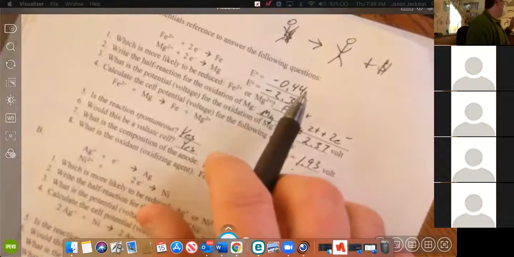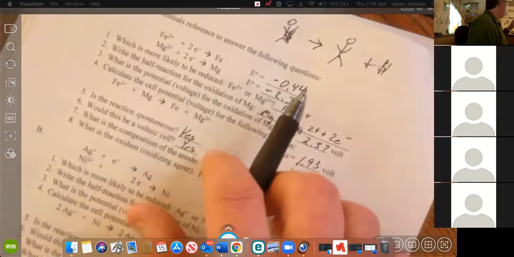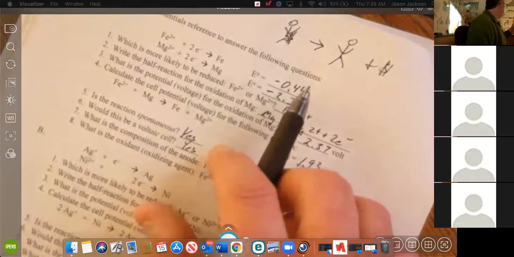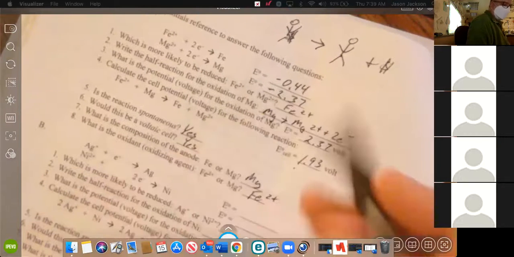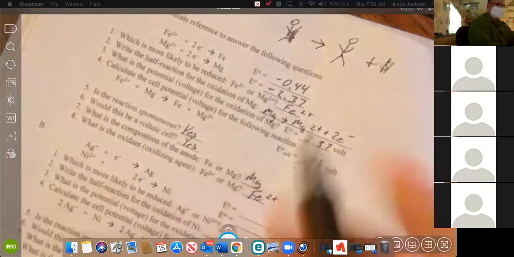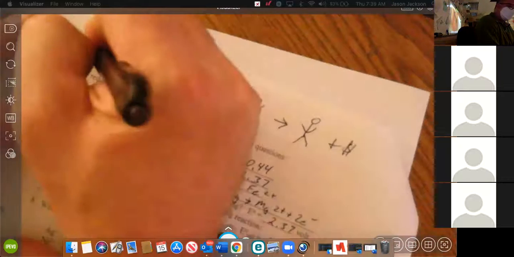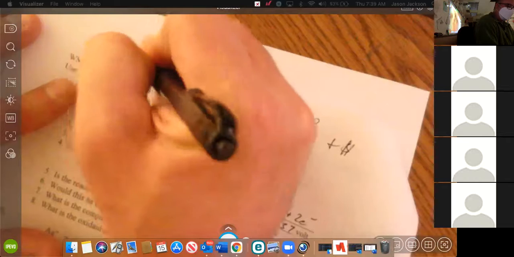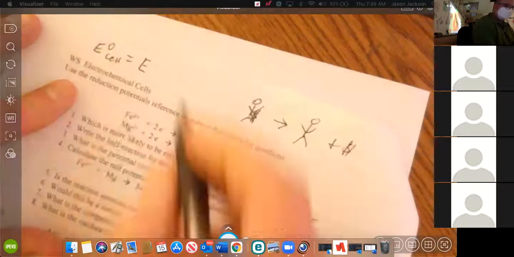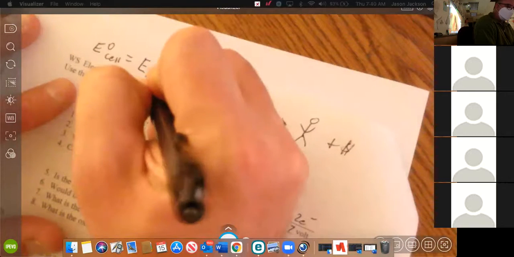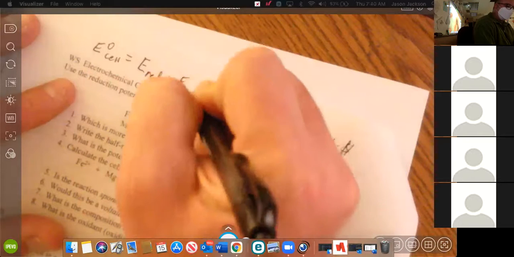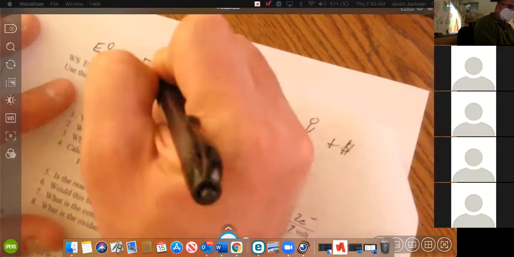Now don't take this as, oh, I don't have to do all the other stuff. If all you're literally trying to get is the cell potential, there is a formula: E naught cell is equal to the standard reduction potential of the reduced minus the standard reduction potential of the oxidized.